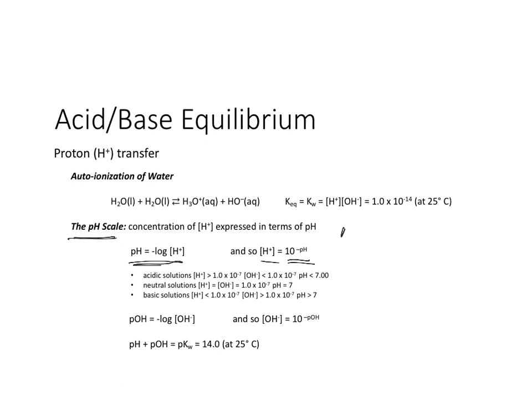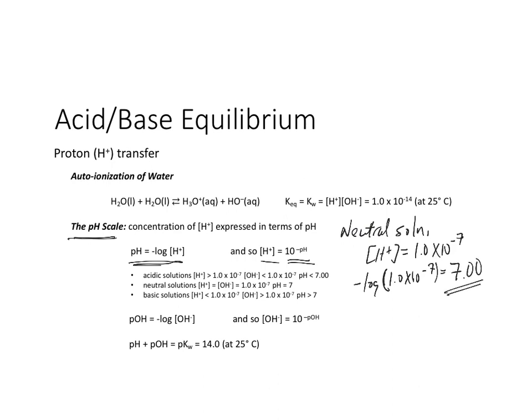So let's consider this. If we have a neutral solution, that means that the hydronium ion concentration is 1 times 10 to the negative 7th. The negative logarithm of that number is 7. So that means a neutral solution is going to have a pH of 7.